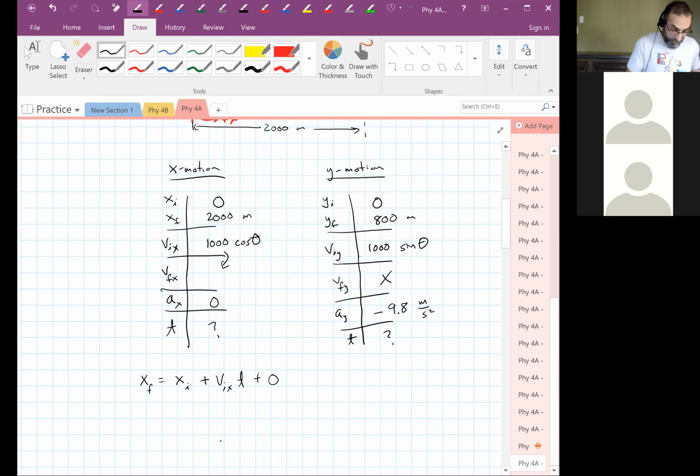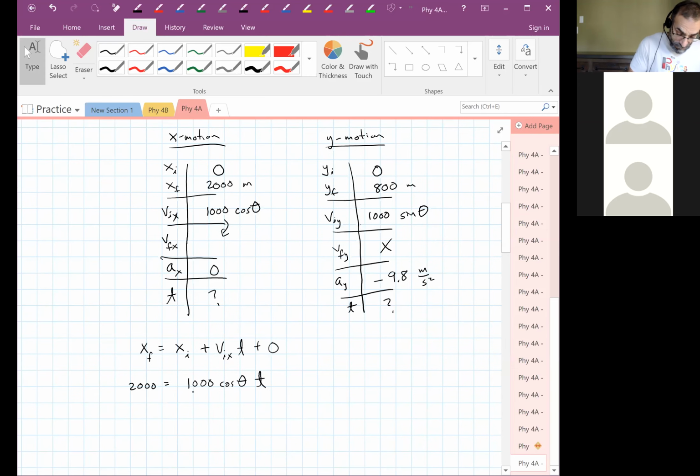And so if I plug in my values here, what do I get? 2000 is 0 plus 1000 cosine theta times t. So t is 2 over cosine theta.